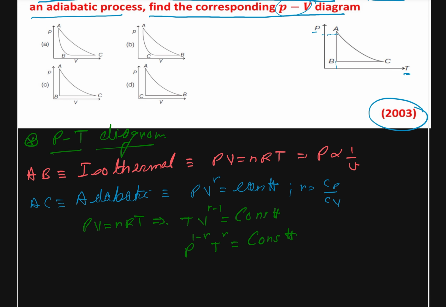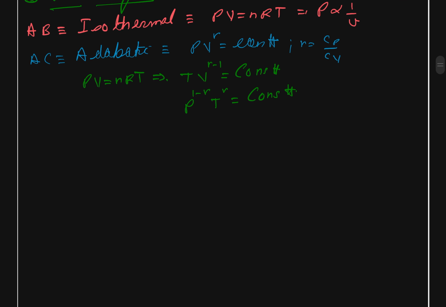So we can use this from the PT diagram. Now we come to the PV diagram. So it means we need to translate the PT process into PV space.